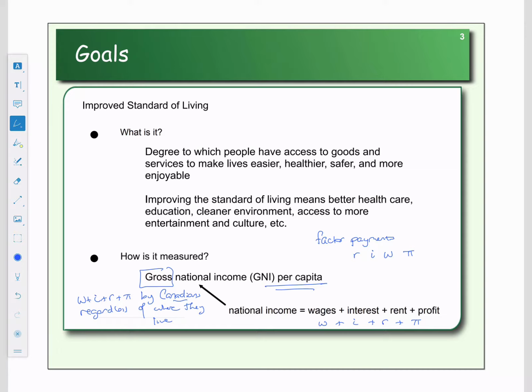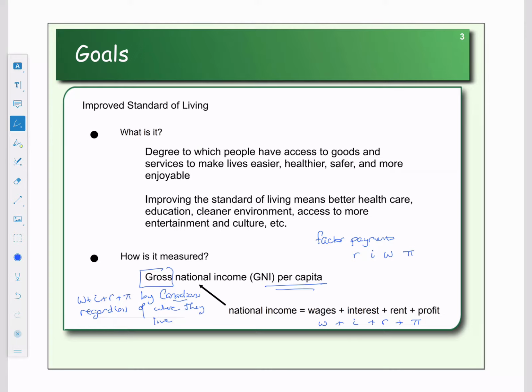Do they have access to the goods and services? And there are many countries where a lot of the workforce is essentially sent out to other countries to do work and bring money back. And so we want to make sure we capture that, because that money coming back into the country from sending off family members to work abroad does increase the access to goods and services at home.